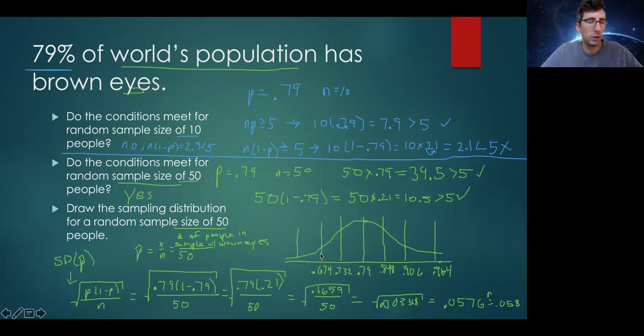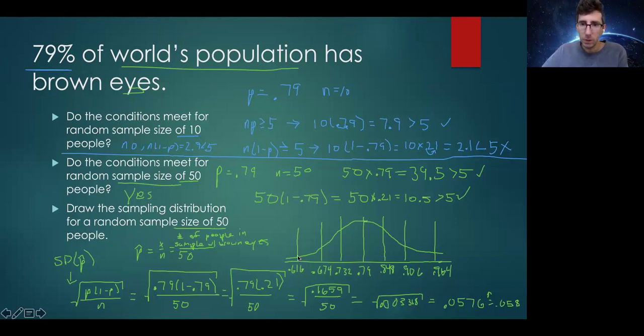And if we go 3 standard deviations below, we can subtract one more 0.058 and get 0.616. So this would be the sampling distribution of the sample proportion for our world population of brown eyes with a population proportion of 79%.